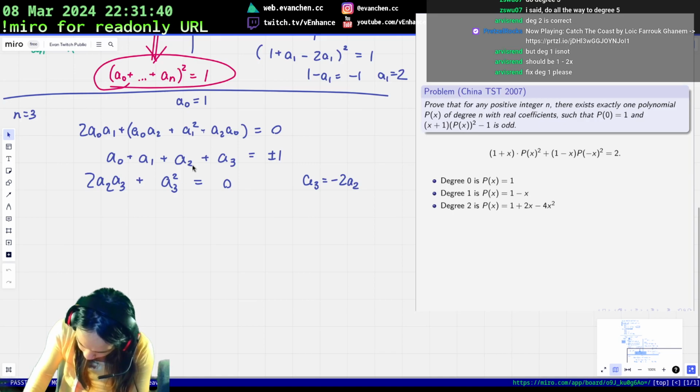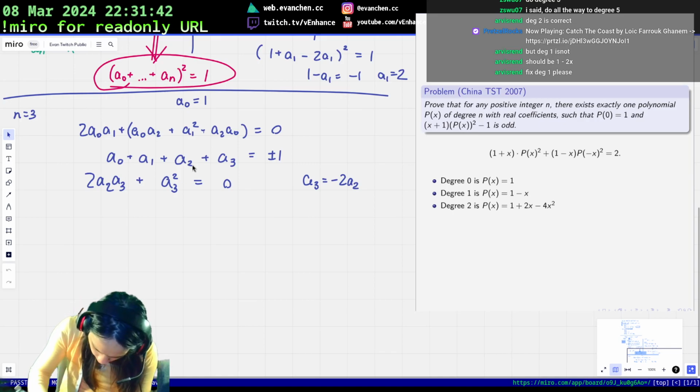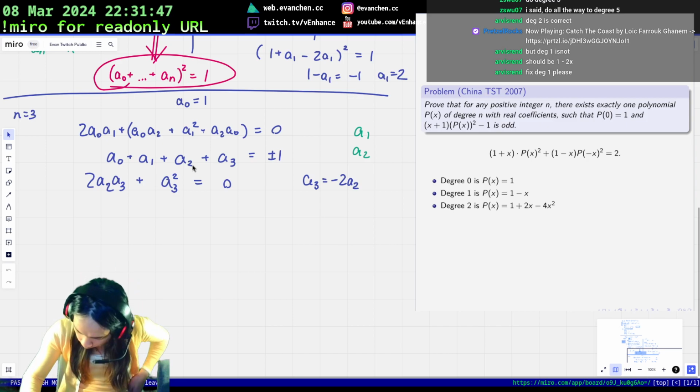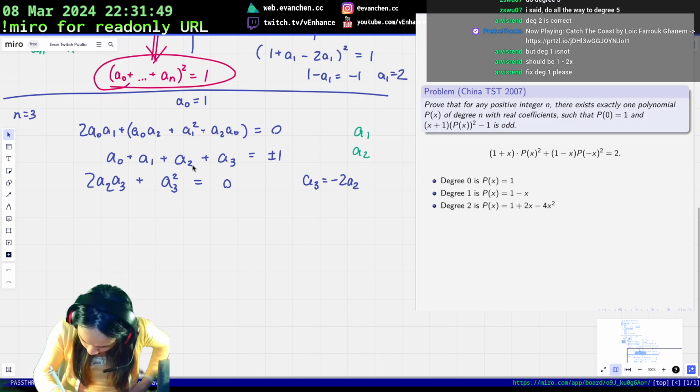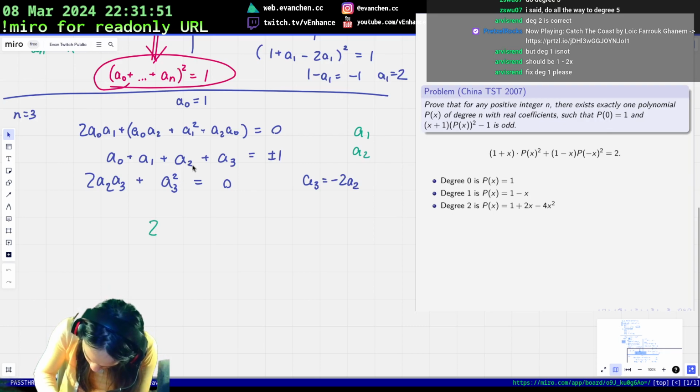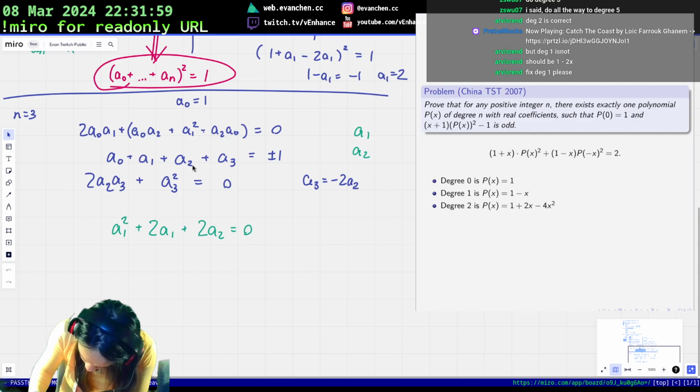So if I write everything in terms of the middle coefficients a1 and a2, the system that I'm trying to solve is: 2a1 plus a1 squared plus 2a2 is equal to 0, and a1 minus a2 equals plus or minus 1.